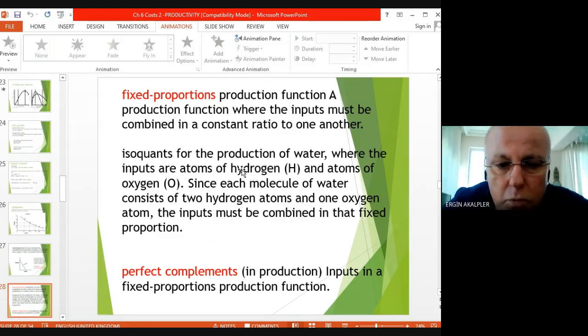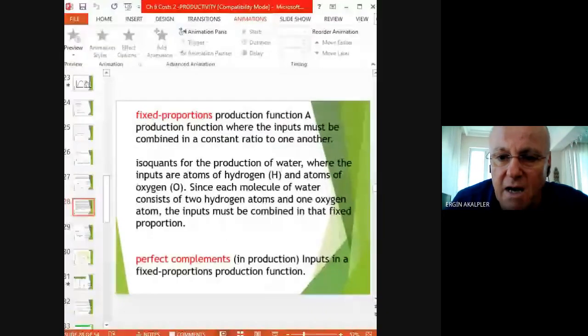Then the inputs must be combined in that fixed proportion. Therefore, the fixed proportion cannot be changed. It is not possible to substitute them for each other. These are perfect complements in production inputs in a fixed proportion production function, where hydrogen and oxygen join into the production operation process in a given scenario.